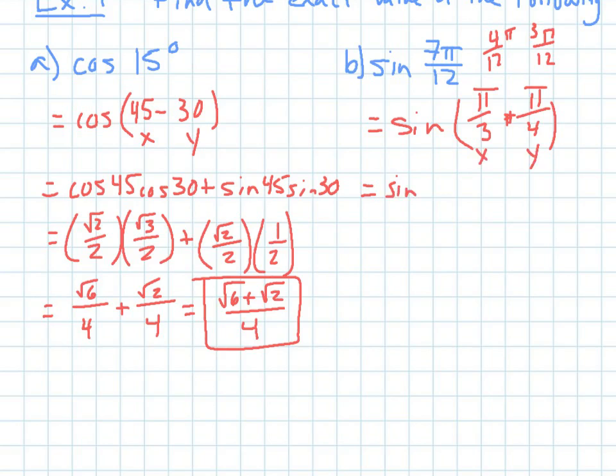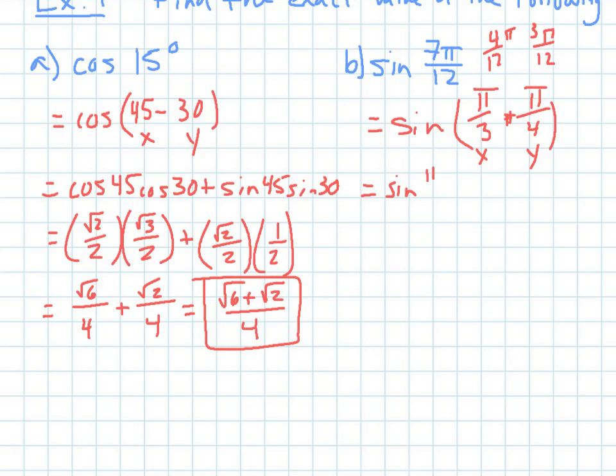Now for the addition ones, here's a trick. It doesn't matter what order it's in, okay? For the subtraction ones, it kind of matters because the angle subtracted in different directions is going to be different. Like 30 minus 45 is negative 15, not 15. But pi over 3 plus pi over 4 is the same thing as pi over 4 plus pi over 3. So that doesn't really matter.